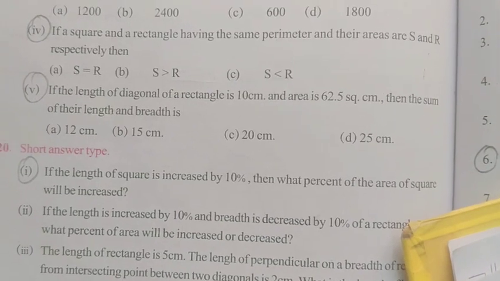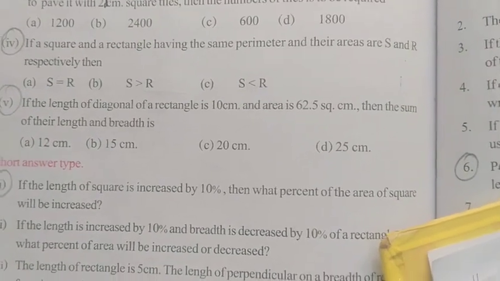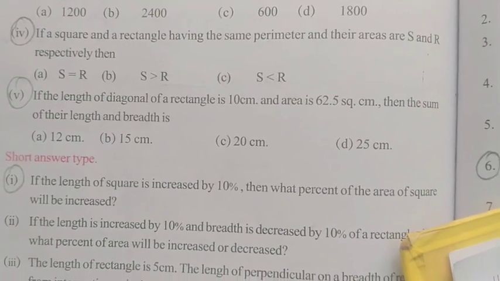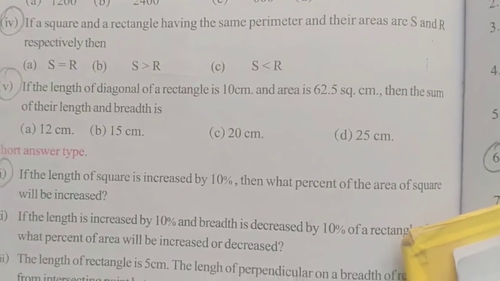The question is sum number 5. If the length of the diagonal of a rectangle is 10 centimeter and area is 62.5 square centimeter, then the sum of the length and breadth is?